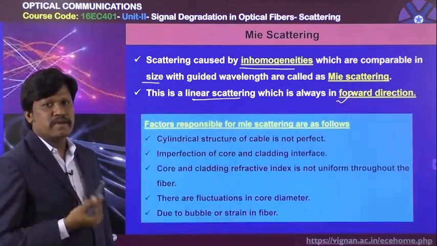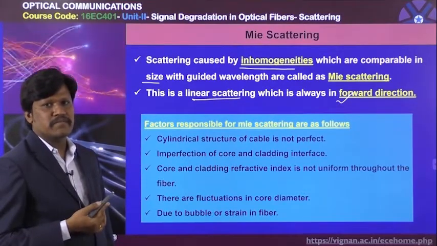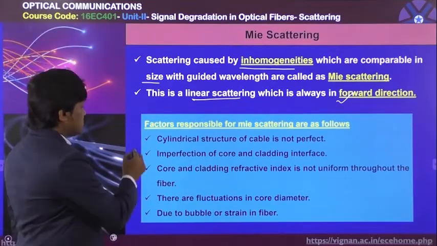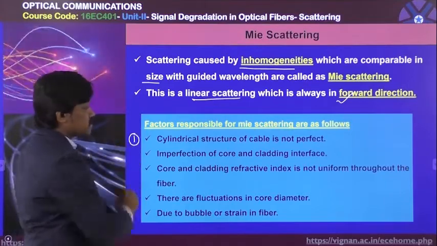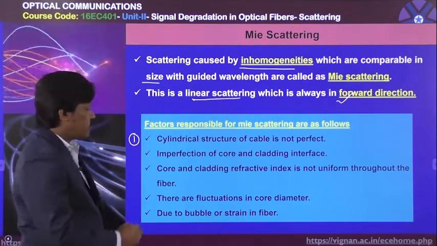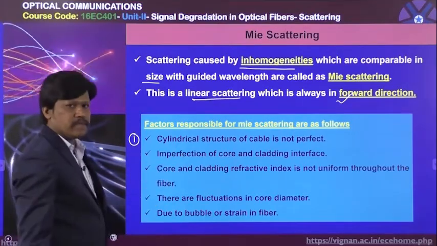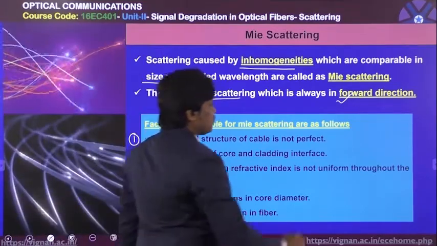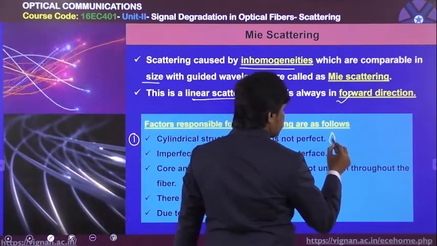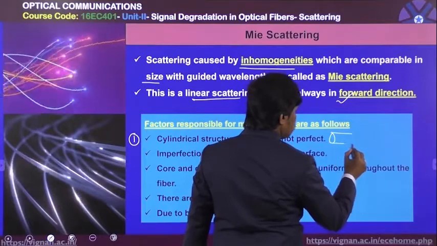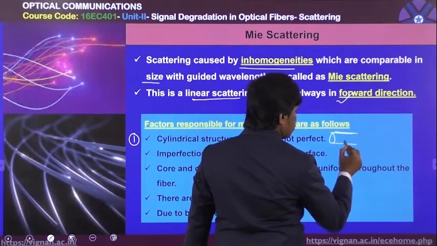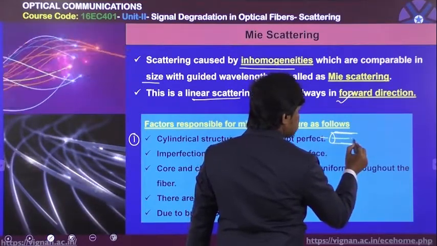There are different factors that cause Mie scattering. The first one is that the cylindrical structure of the cable is not perfect. Let us take one optical fiber cable with its fiber axis.